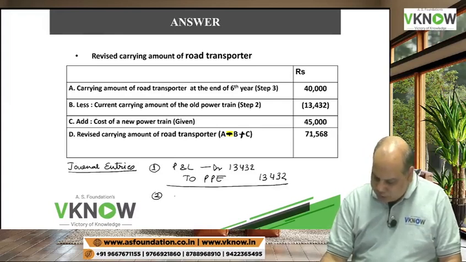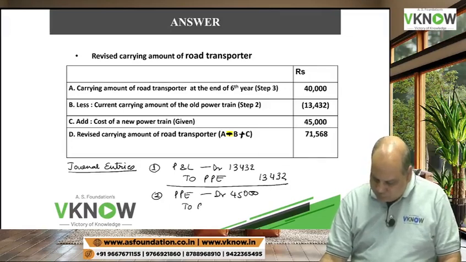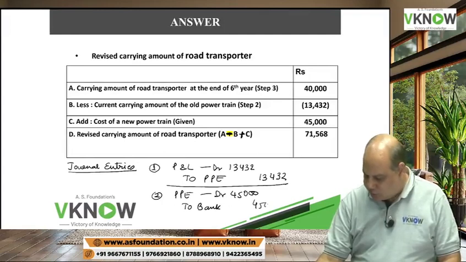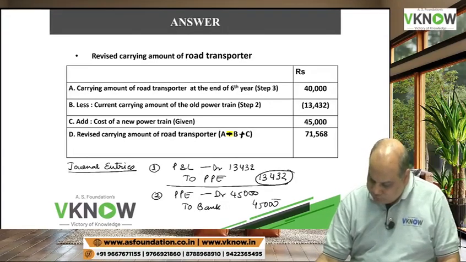And the second entry they will pass: PPE account debit 45,000 to bank account 45,000. This way, this will get reduced and this will get added.